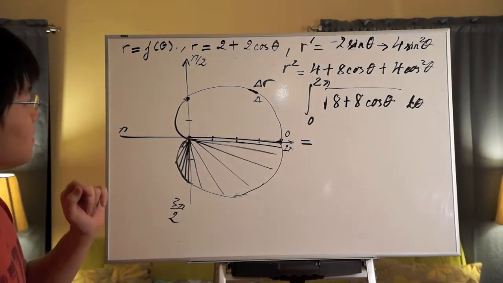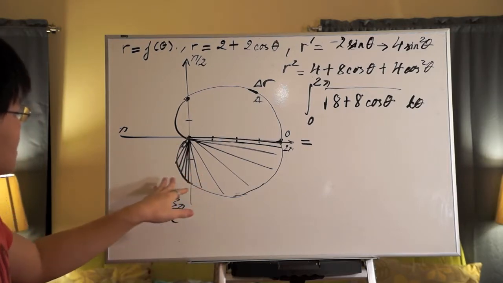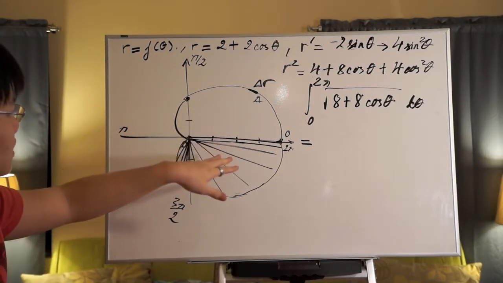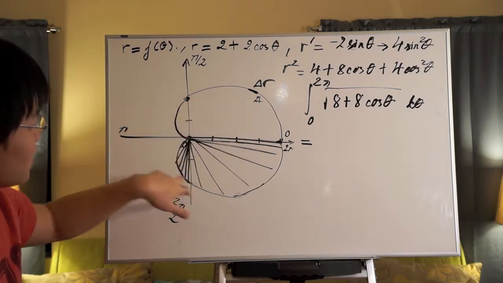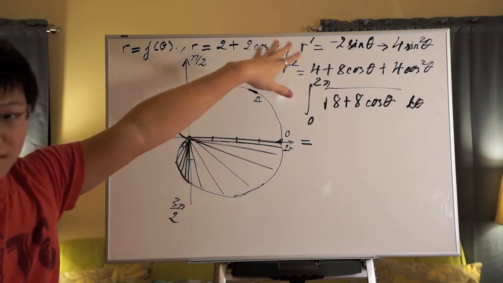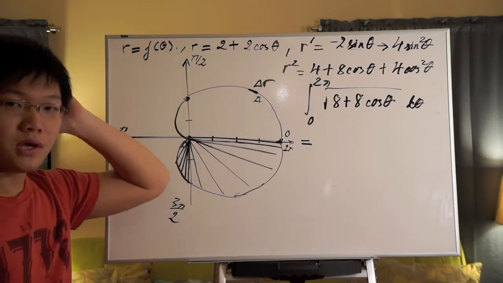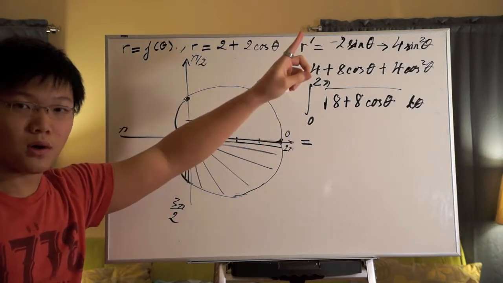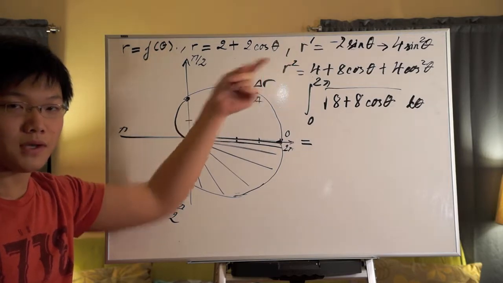Before we do that, let's see something here. We see that this limacon is quite symmetrical. According to the rectangular graph that we derived in the previous videos, we showed that it is symmetrical according to the graph of cosine.